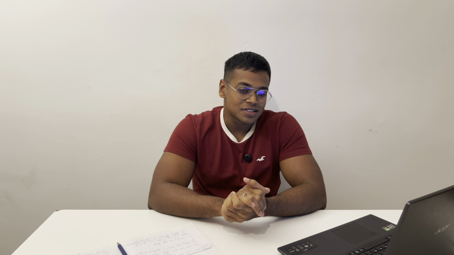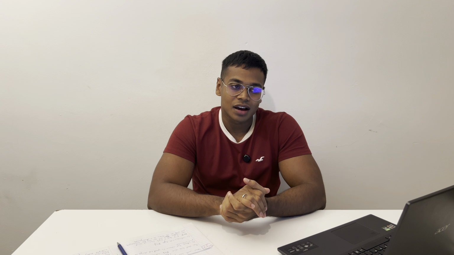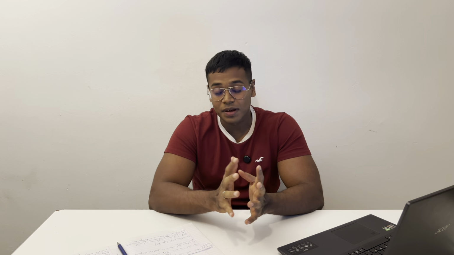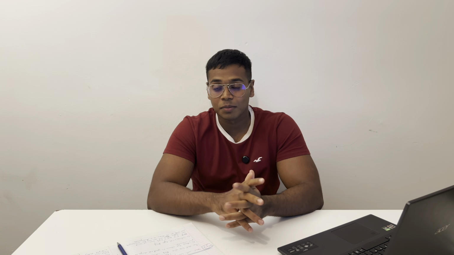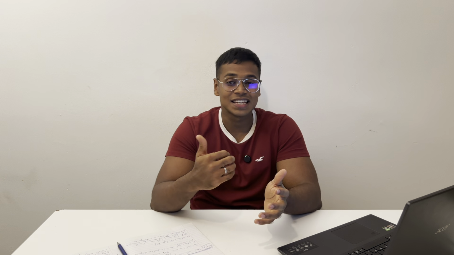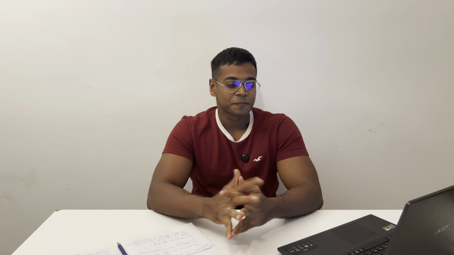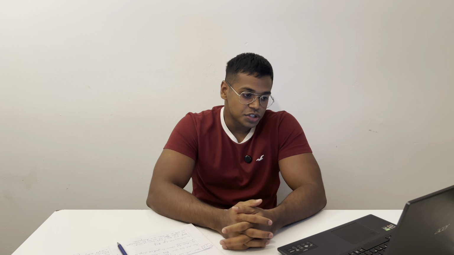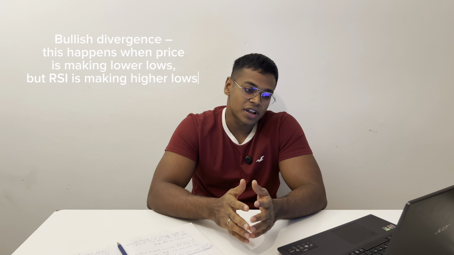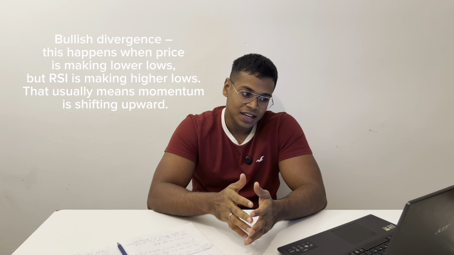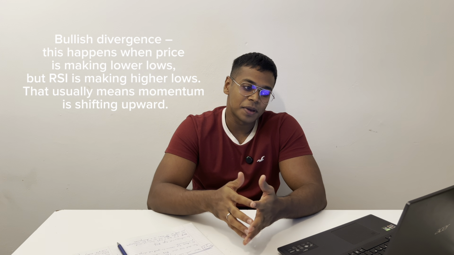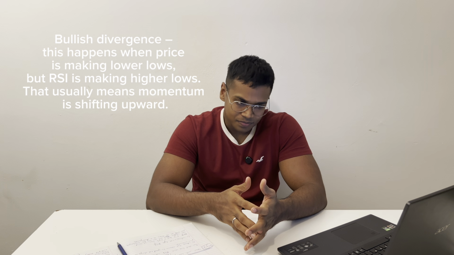All of this happens in RSI, because I've learned every single thing about divergences in RSI, so it's easier for me to show you guys the same thing in RSI. Bullish divergences happen when price is making lower lows, but the RSI is making higher lows.